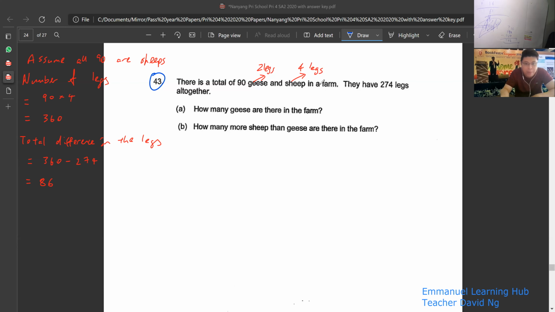Then the difference between a sheep and a goose is 2, right? Okay, this is the total difference. This is each difference.